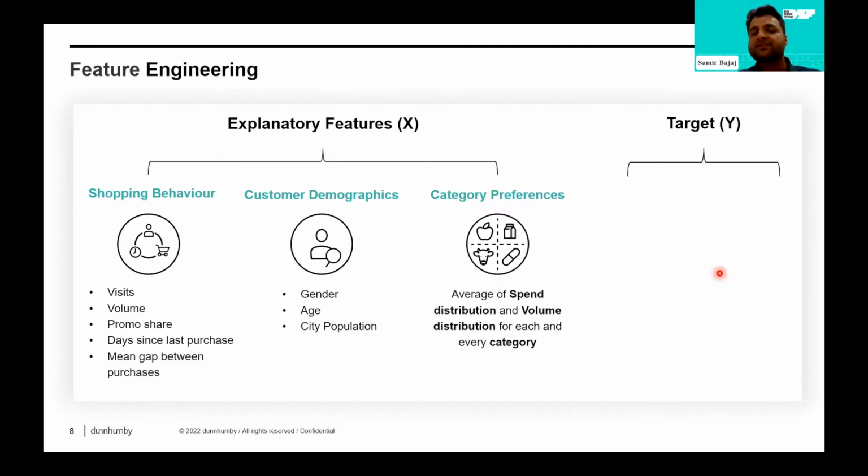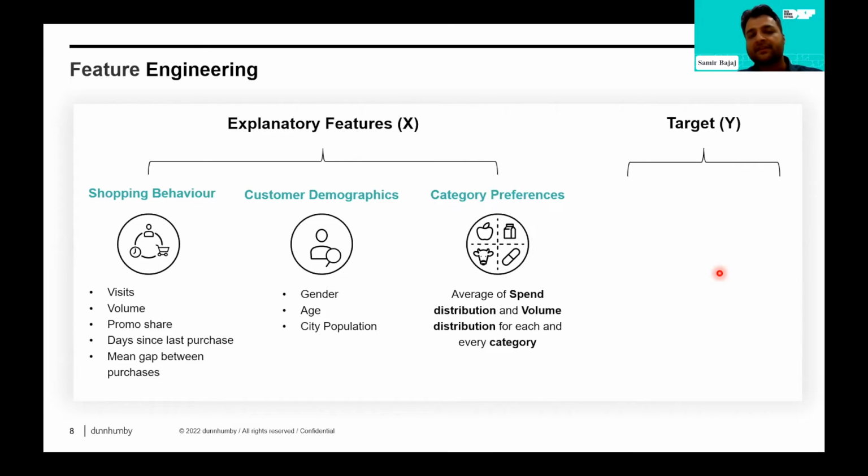Third dimension was category preferences. As I mentioned, the retailer is into face care, dermocosmetics, female hygiene, fragrances, and so on. To calculate category preferences, we took the average of spend distribution as well as volume distribution for each and every category.